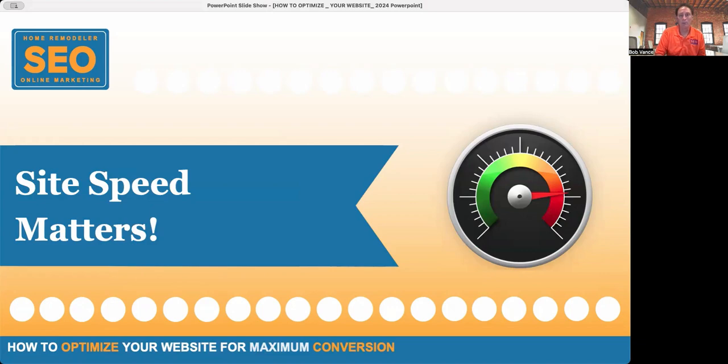We know that more people are accessing the internet via mobile than desktop. And so do that Google PageSpeed Insights test, make sure you're passing. If not, then have your website developer fix all those things that are holding you back on the website, for it to load a lot quicker, because that site speed matters.